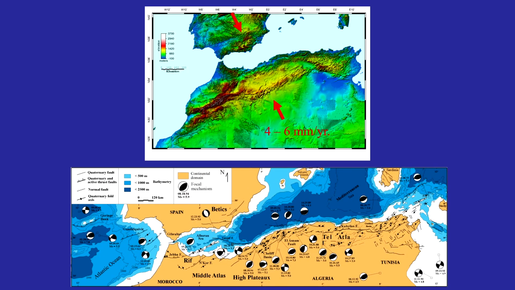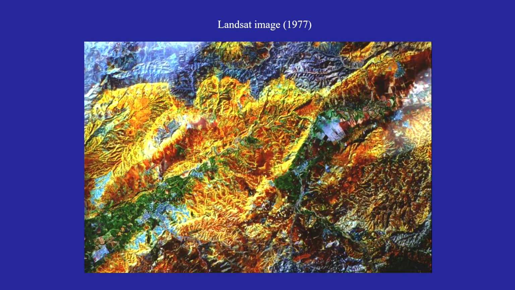Okay, and it is also clearly indicated by the occurrence of earthquakes during historic time, ranging from 5 to around 6 or 7 magnitude, which were seen here. Okay. Now, this is the Landsat image of the area, dating back to 1977.